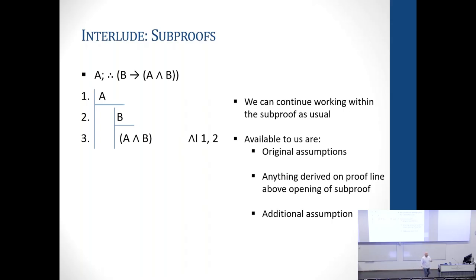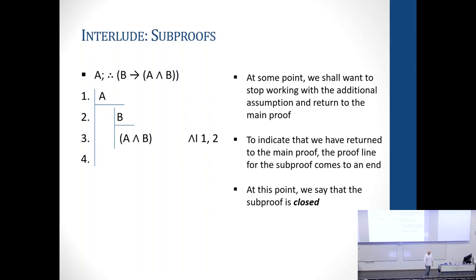Now here's the nice thing. Our subproof has done its job. Our subproof shows that if B were true, then A conjunction B would follow. So what we're going to do now is we are going to ditch it. We close the subproof, we move back to our main proof line. So what do we mean by that?